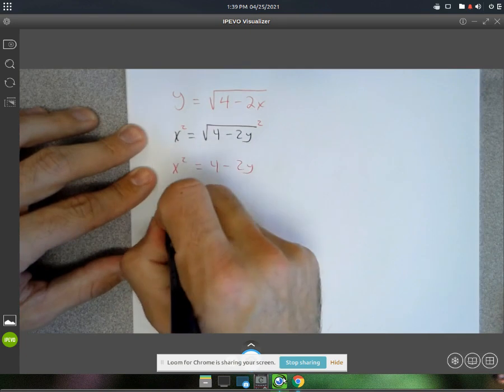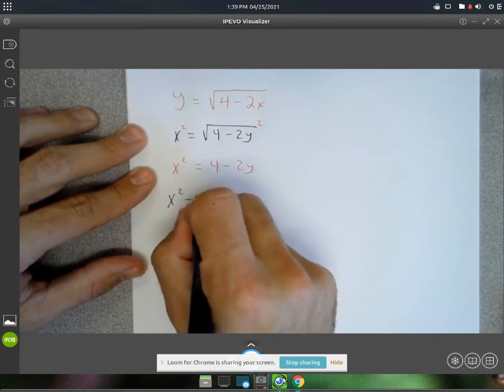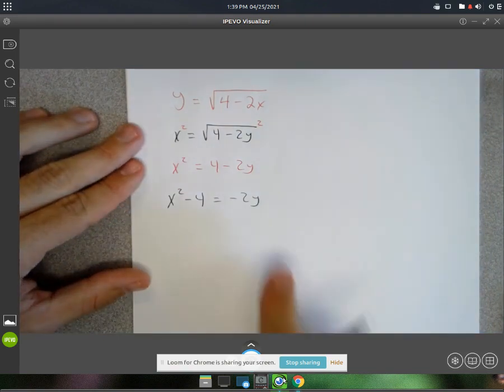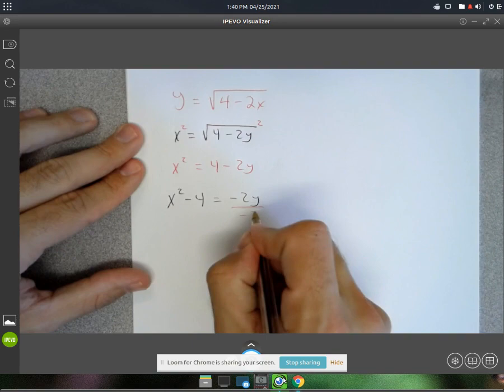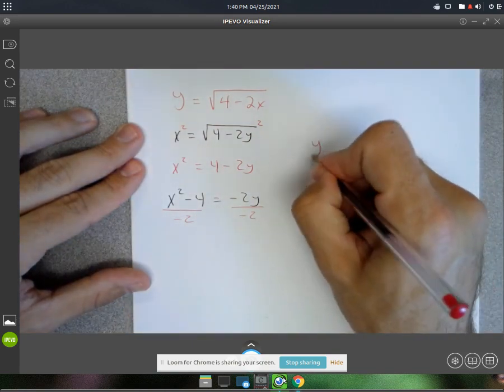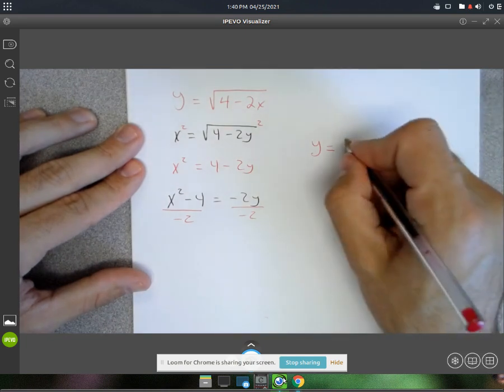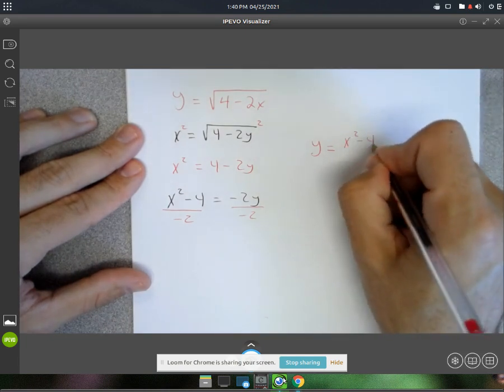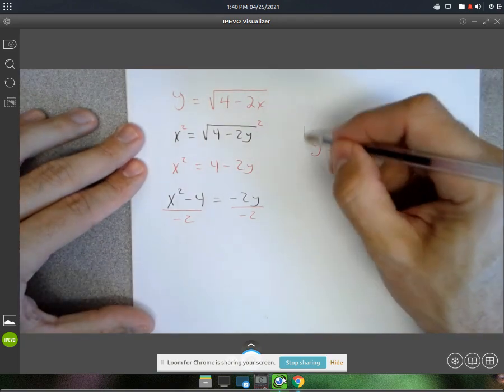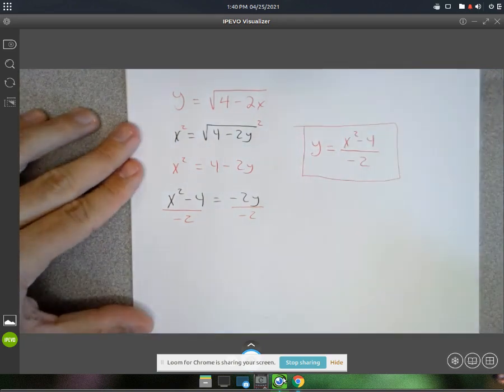So minus 4, I get x squared minus 4 is equal to negative 2y. And then divide by negative 2. All right, so that comes out to be my answer. y equals x squared minus 4, all of that over negative 2. Cool.